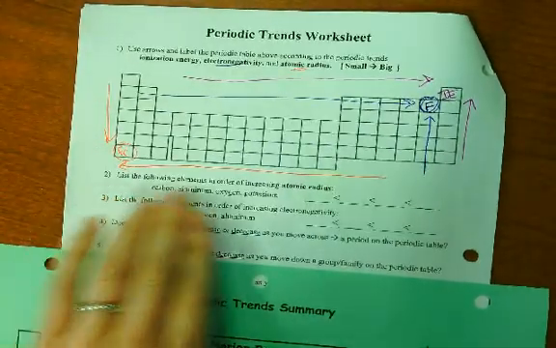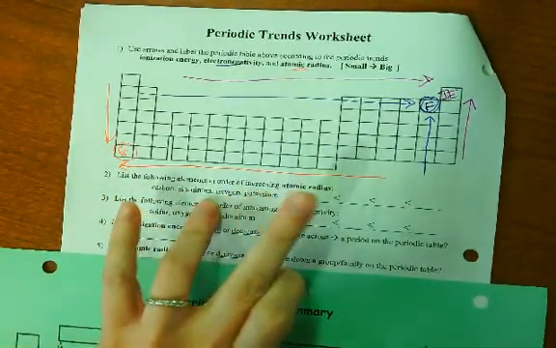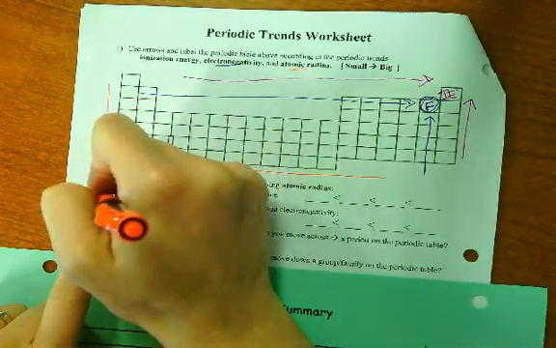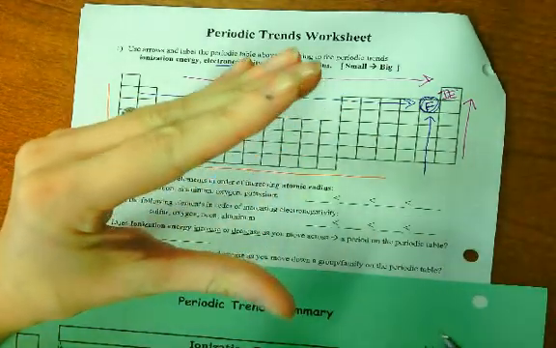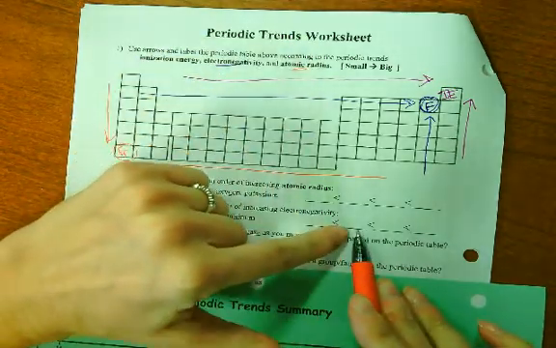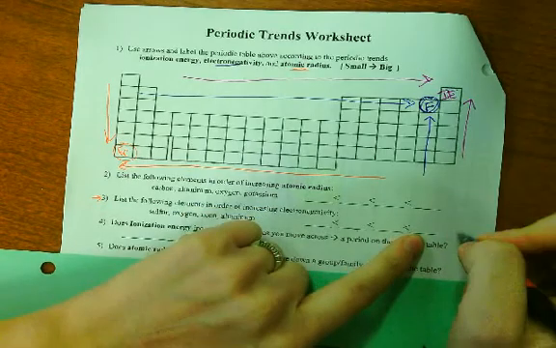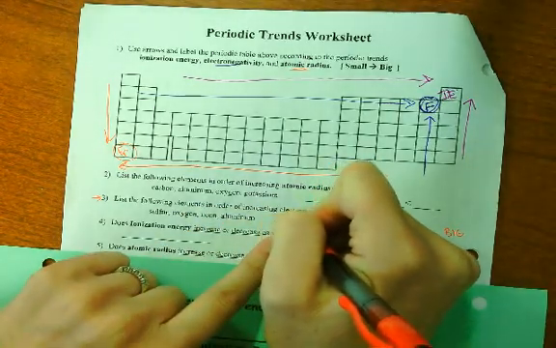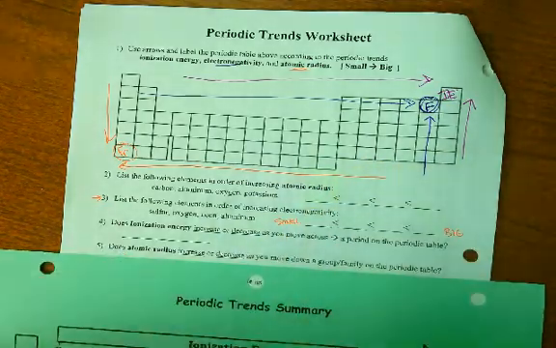Okay? So now it says to put them in order of increasing atomic radius. So we did number 2 in class, so let's look at number 3. The alligator eats the big number. Arr, arr, arr. So the alligator is eating the bigger number. So this should be biggest. This should be smallest. Alright?